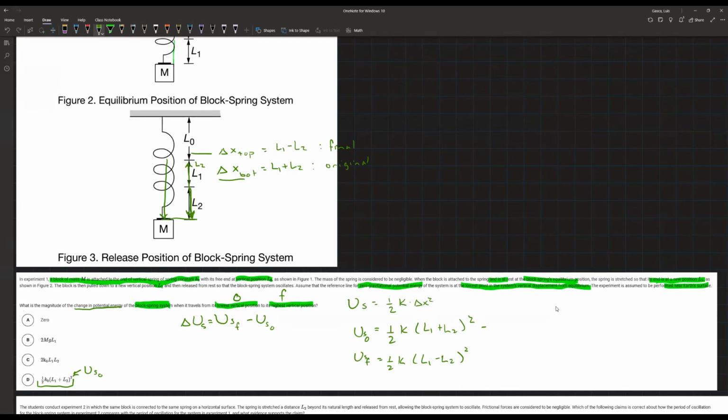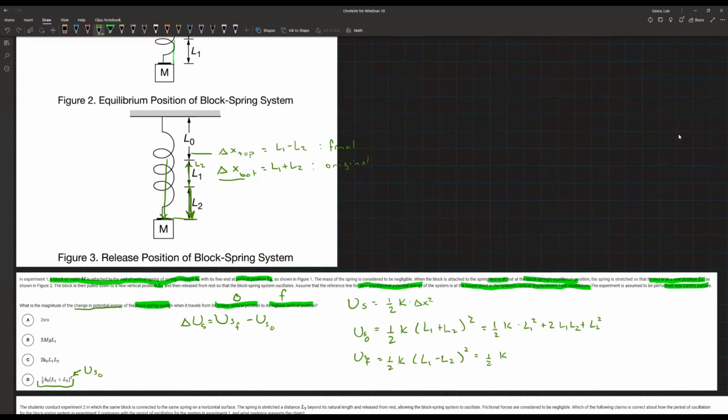So this is where we've got to get a little sweaty with our algebra and expand this quadratic. This becomes 1/2 K times L1 squared plus 2 L1 L2 plus L2 squared. We're just foiling this. If you have trouble foiling, hopefully you know how to do that by now.